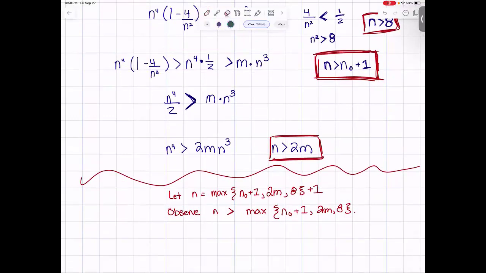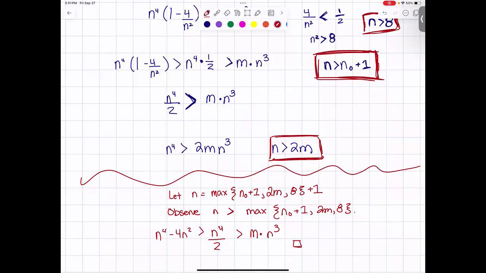Once you've done that, you can put it all together and say n to the 4 minus 4n squared was greater than n to the 4 over 2, which was greater than m times n cubed, which proves that n to the 4 minus 4n squared is definitely greater than m times n cubed. And that's all there is to it.